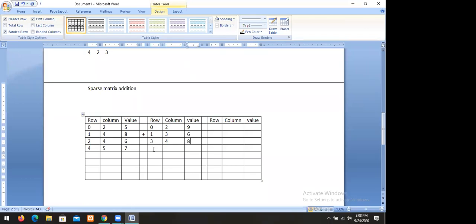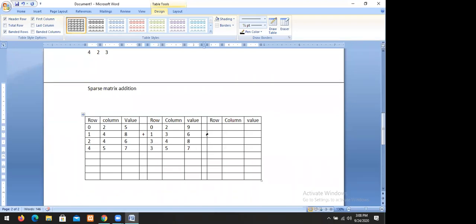And again we have third row, fifth column, value is 7. So this is our 2 sparse matrix representations. This is the first matrix representation. This is the second matrix representation.